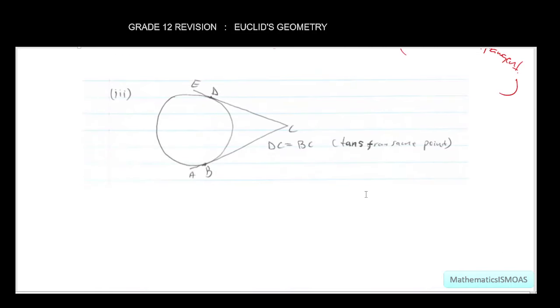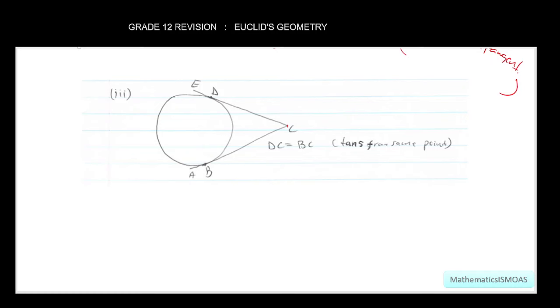All right, and then number 3, still under the tangents, we are saying two tangents that are drawn from the same point outside the circle are equal in length. The point outside the circle is point C. The tangents are CDE and CBA.